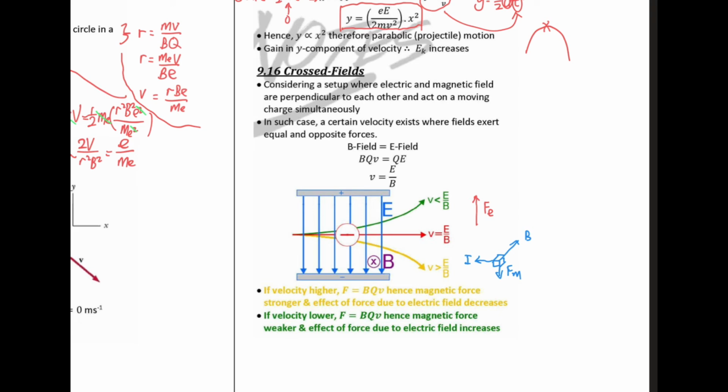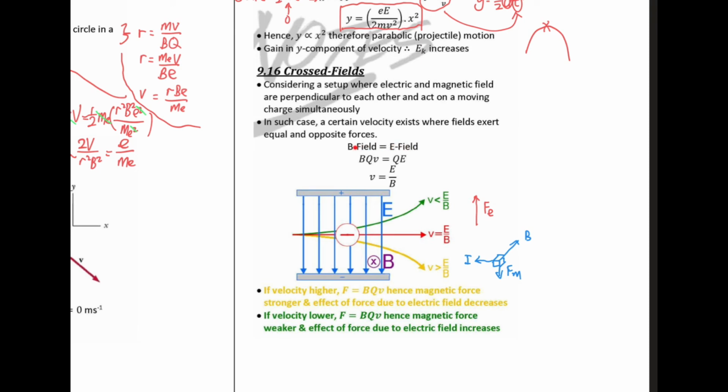Now let us see how they get E over B. So we look at the second point. In such a case, a certain velocity exists where the fields exert equal and opposite forces. So that means we have magnetic force because of the B field, and electric force because of the E field.